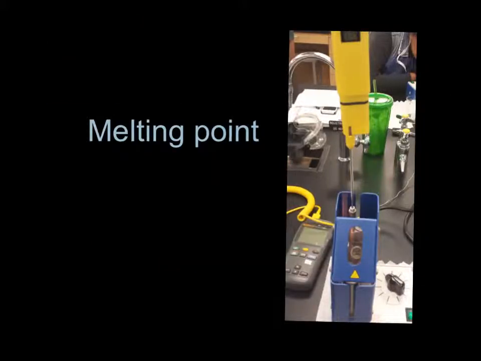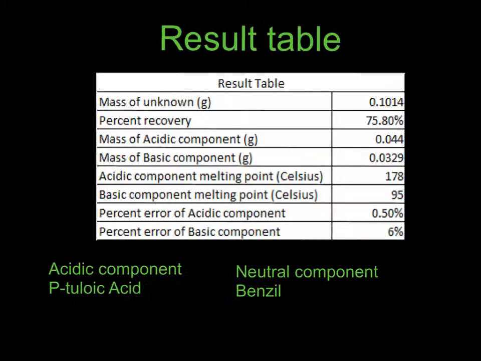At the end, the melting points of the acidic component and the neutral component were measured in order to identify the components. So now comes my result table. The mass of my unknown was 0.1014 grams.